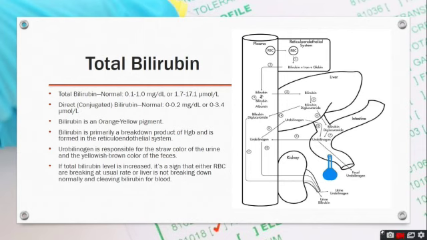In the sixth step, a monoglucuronide is also formed that is metabolized predominantly to diglucuronide, and it forms the conjugate, and then it appears in the intestine. Now in the seventh step, bacteria convert most of the bilirubin diglucuronide into urobilinogen. Then there are two possible ways.